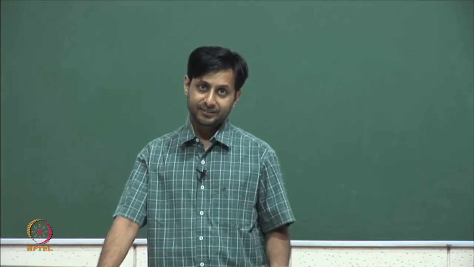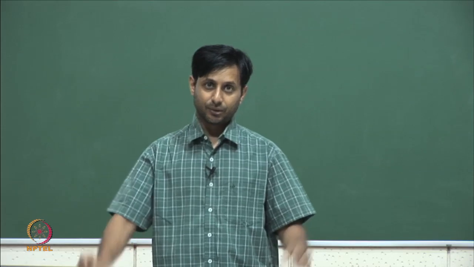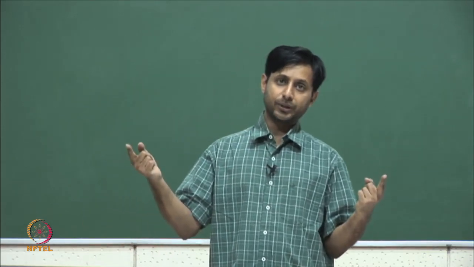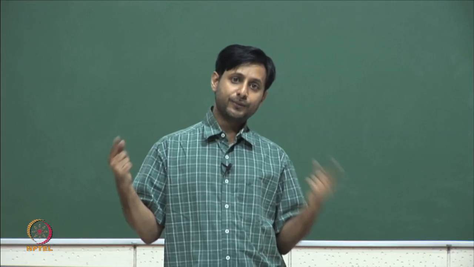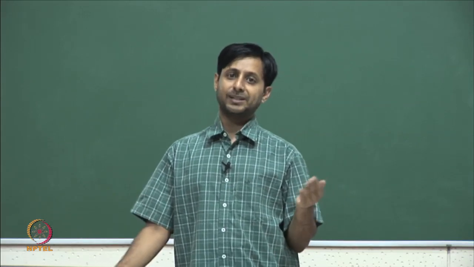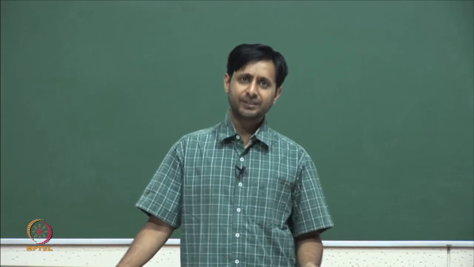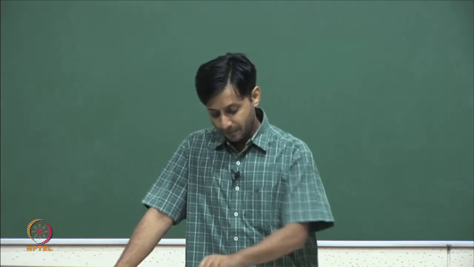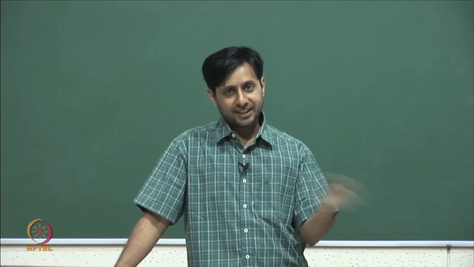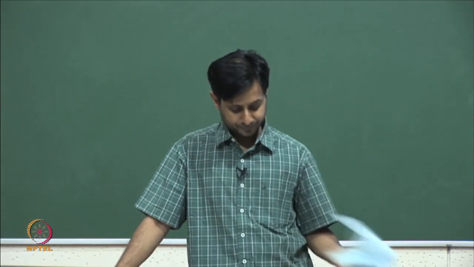We did this in the last class. So, V1 and V2 are the two inputs. Let us say V1 can be broken up as V1 plus V2 by 2 plus V1 minus V2 by 2. You remember? Okay. So, one is the common mode part, the other is the differential mode part.